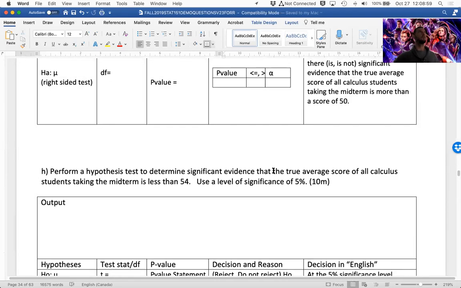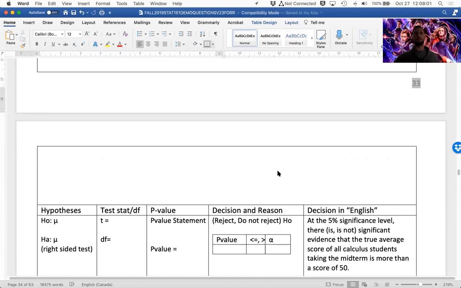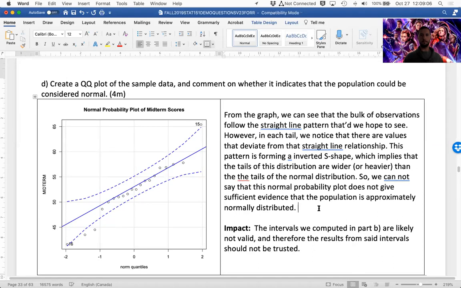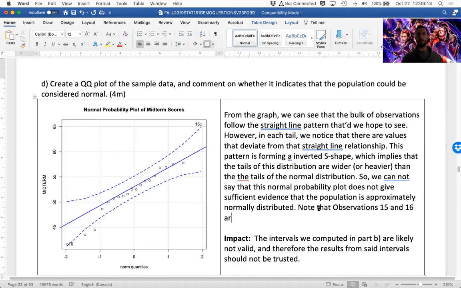Yep, so we can say, yeah, that's a fair point. Note that observations 15 and 16 are flagged as potential outliers.